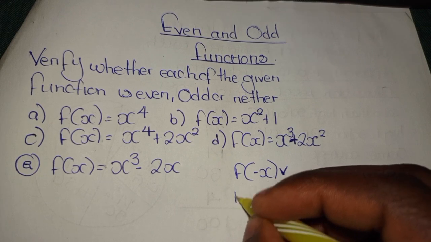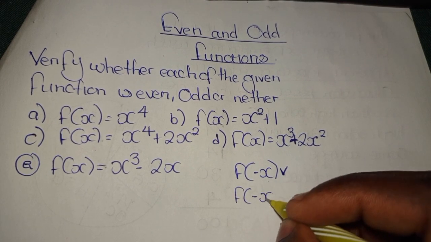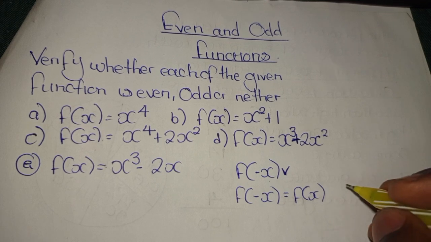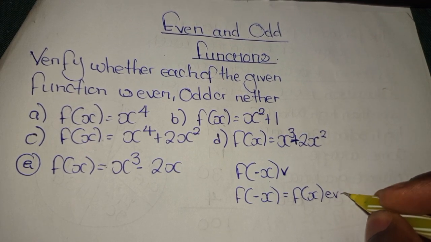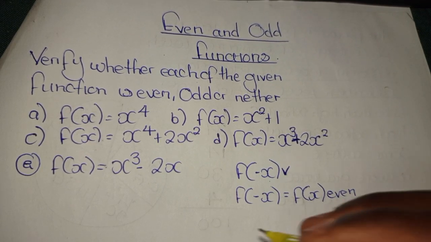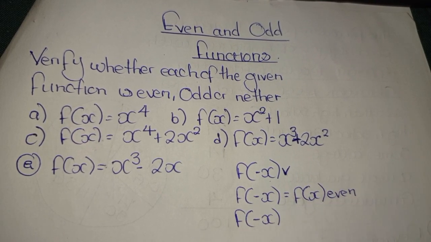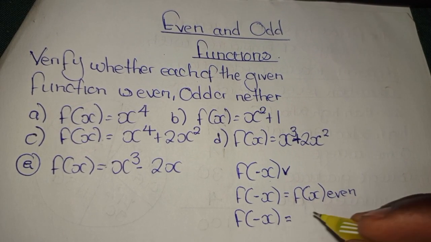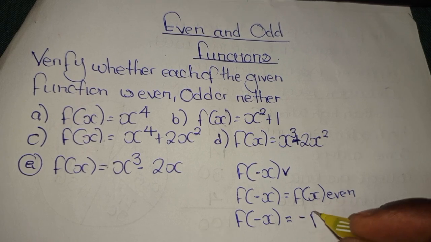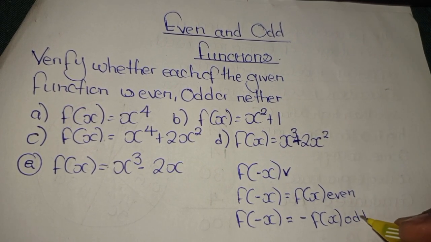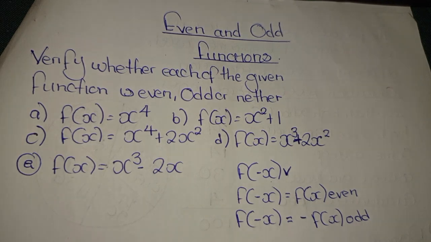So if we replace this and our function still resembles f of x, then this function is what is referred to as even. But if you replace negative x into a function and it does not resemble the original, but resembles it when you multiply it by a negative, then it is odd. So these are the basic rules behind even, odd, and neither.